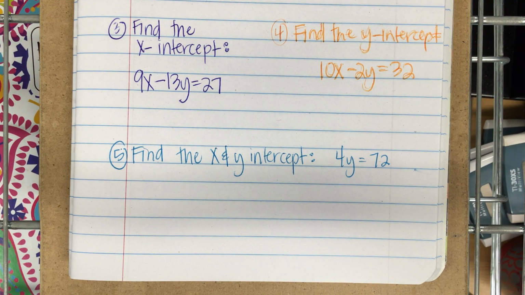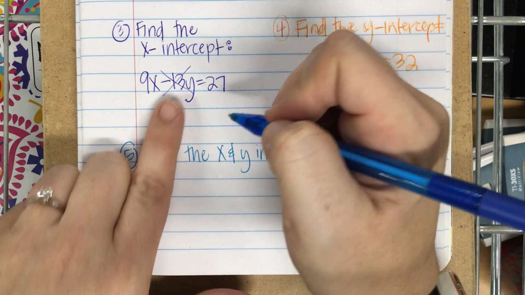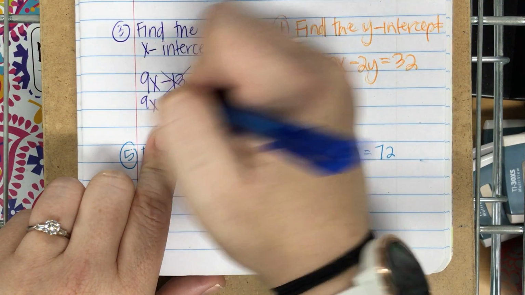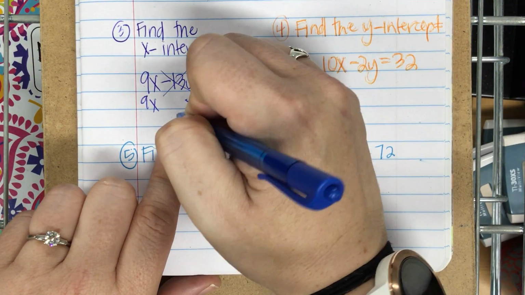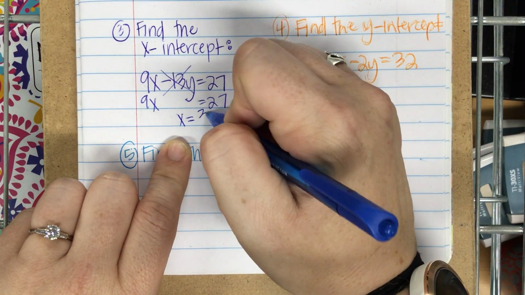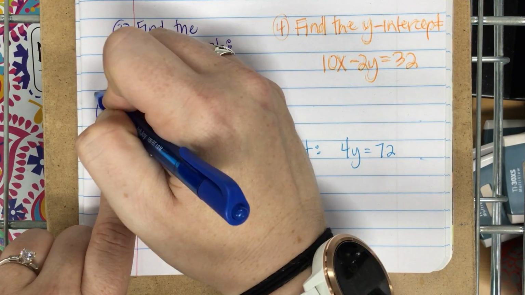X-intercept, this is going to cancel out, right? Because I'm going to put 0 in for y, leaving me with 9x equals 27. What's your x value? 3. So what's your intercept? 3, 0.